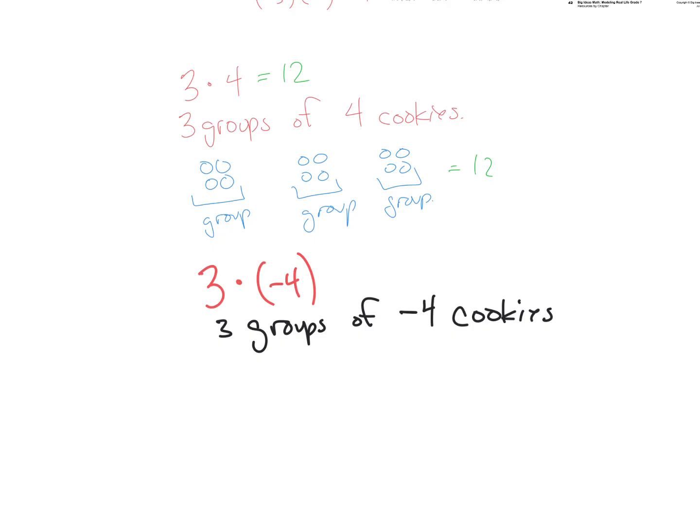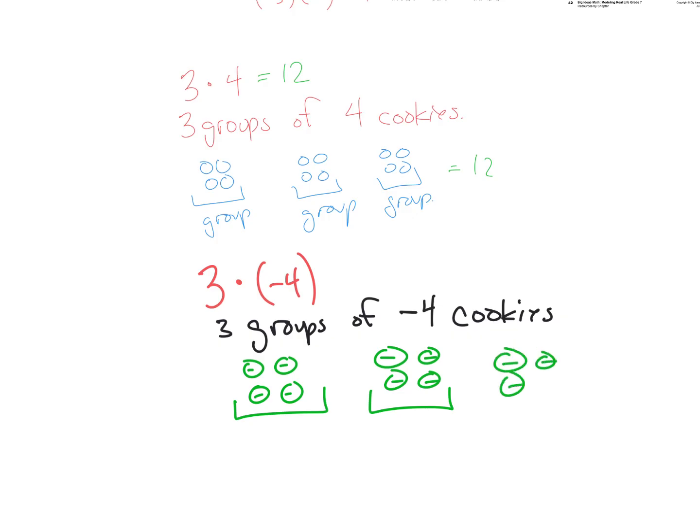Well, let's draw it. So it's like negative cookie, negative cookie, negative cookie, negative cookie. That's one group. Negative cookie, negative cookie, negative cookie, negative cookie. That's another group. Negative cookie, negative cookie, negative cookie, negative cookie. There's another group. How much do we have? If I were to add all of this up, I'd have negative 12. Okay?